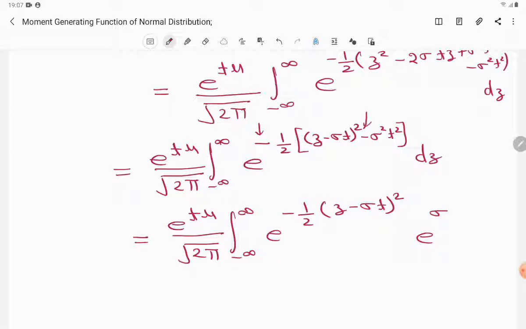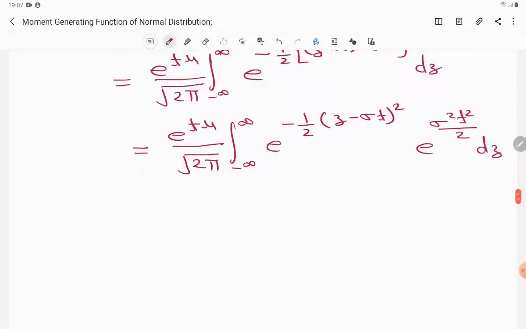These two will multiply and I will have a plus sign, that is σ²t² divided by 2, dz. Another thing you can notice is that e^(σ²t²/2) does not contain any z, so it is independent of z, and therefore I can take it outside the integration, which I am going to do.